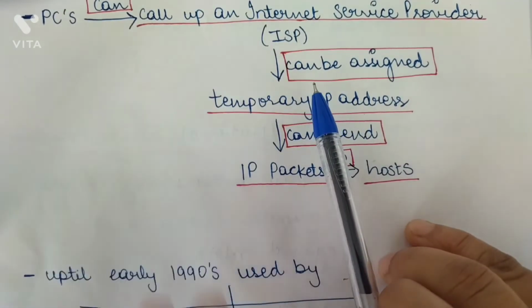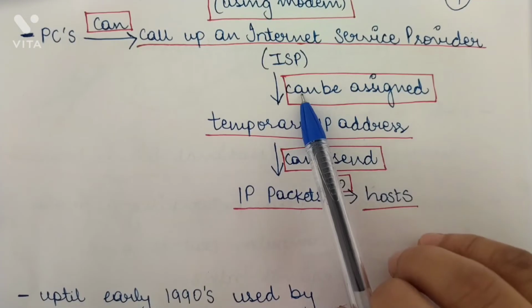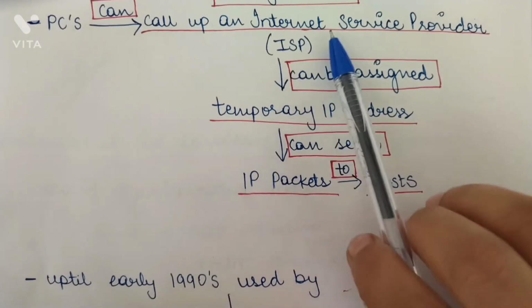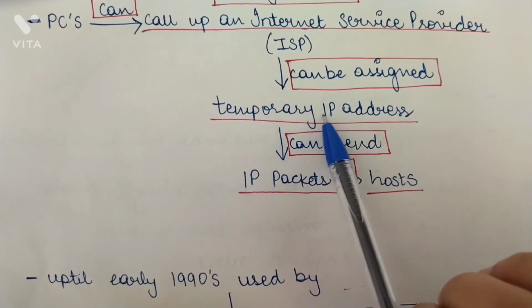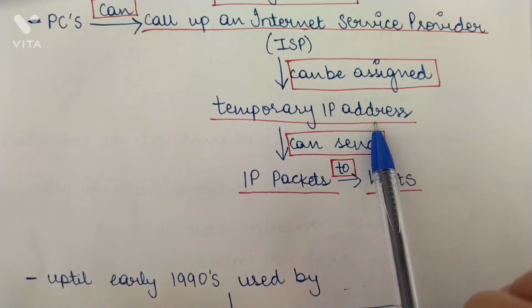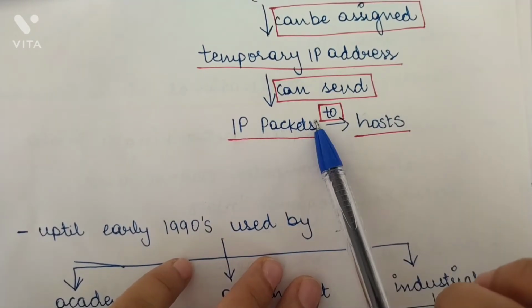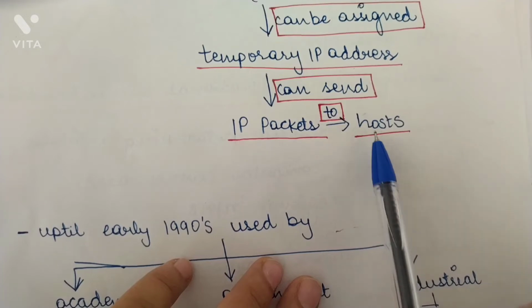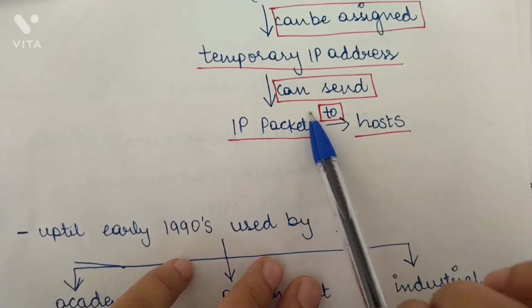So when a PC using a modem calls an internet service provider that I want an internet connection, the internet service provider assigns a temporary IP address to that particular PC. And then that PC can send IP packets to various hosts, either on the same network or on other networks.